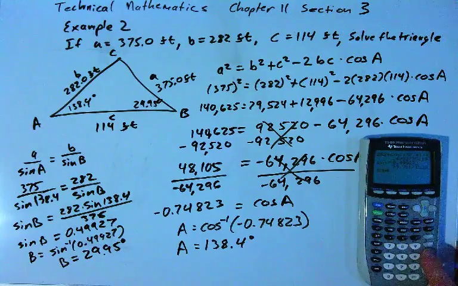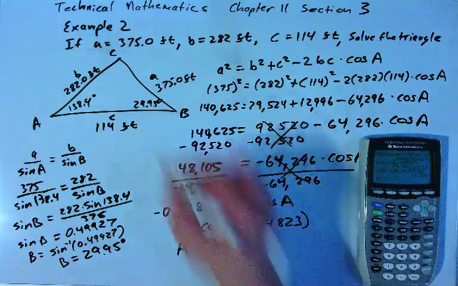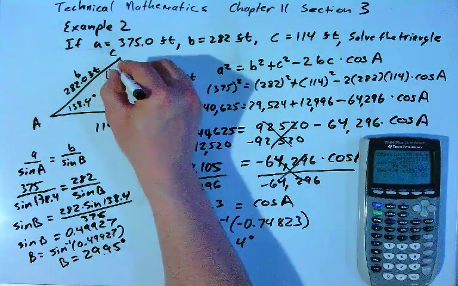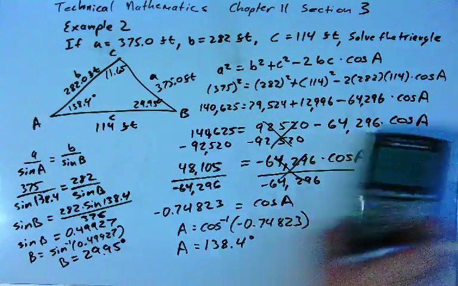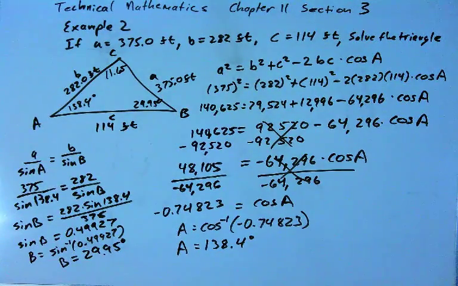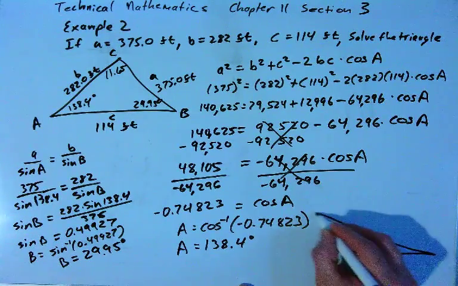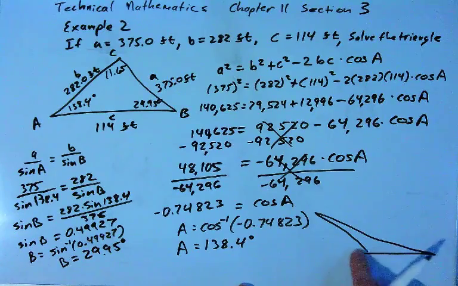So we take 180 and we take away 138.4 and we take away 29.95 and we get 11.65. And so again, clearly my triangle is not drawn to scale. It would probably really look something more like this, right?